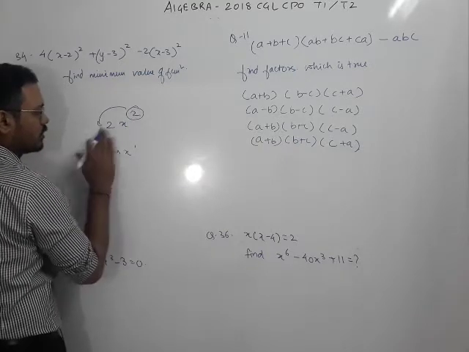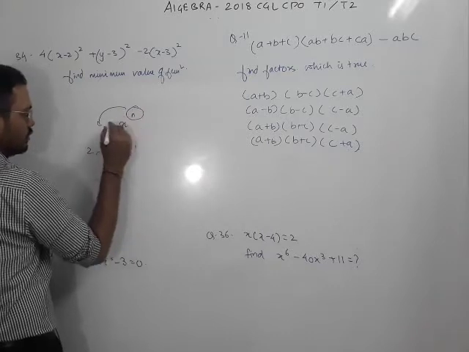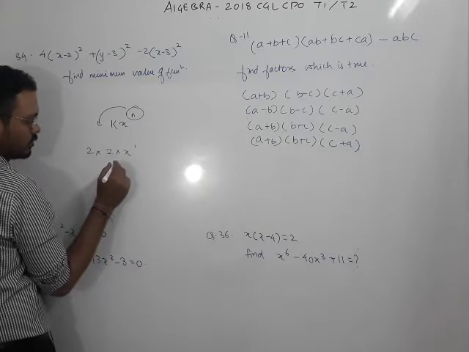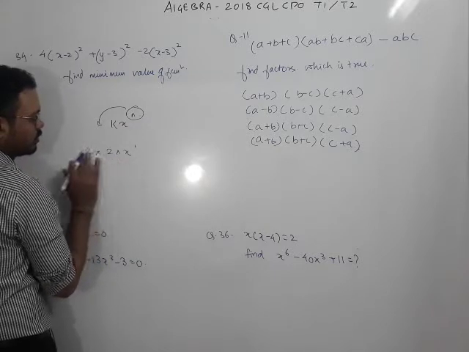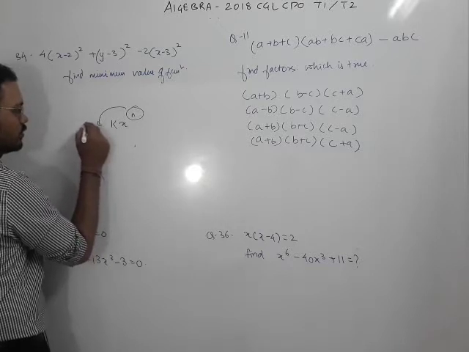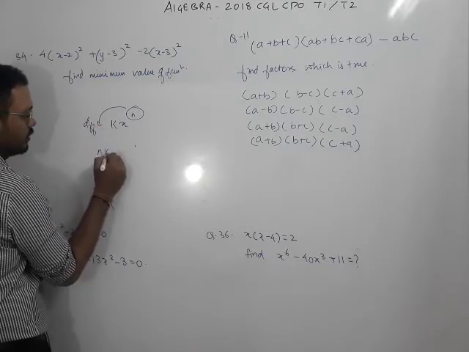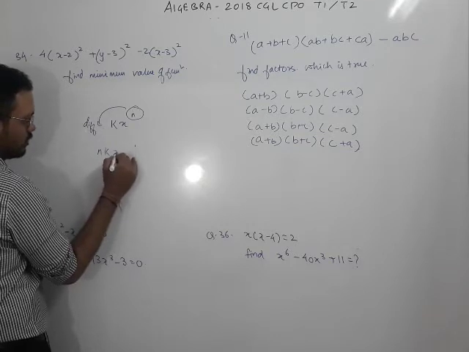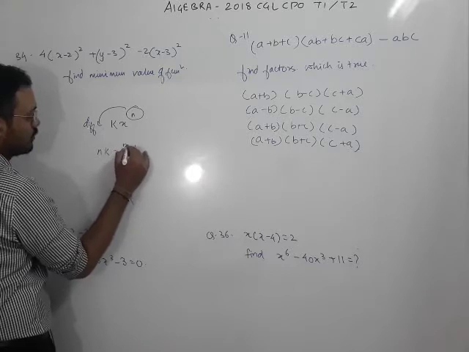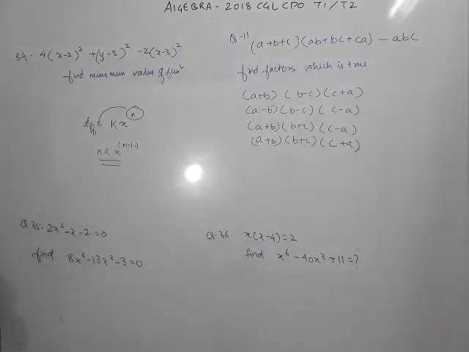Let's say if it is x raised to n, where k is the constant and n is the power, then the derivative or differentiation of this is given by n k x raised to n minus 1.